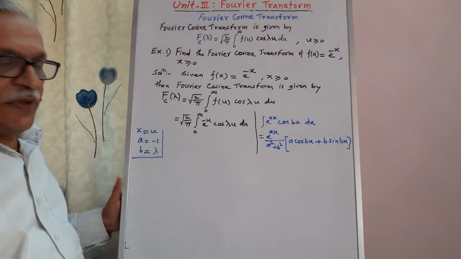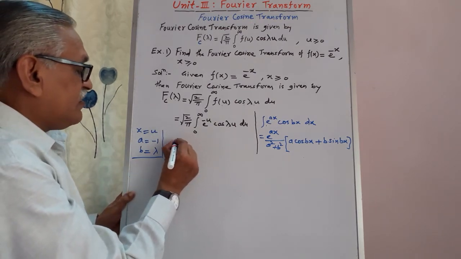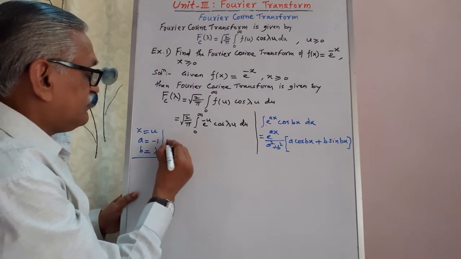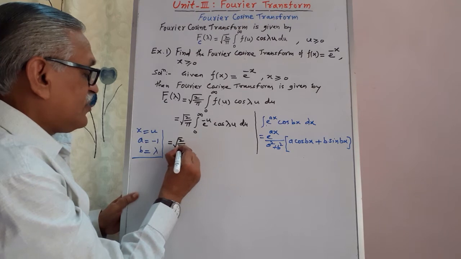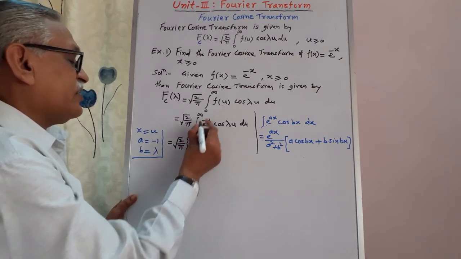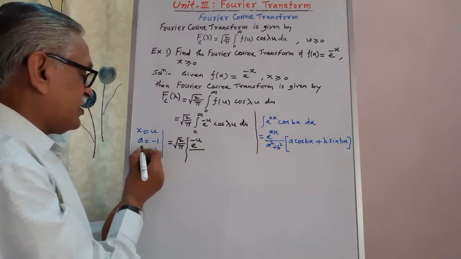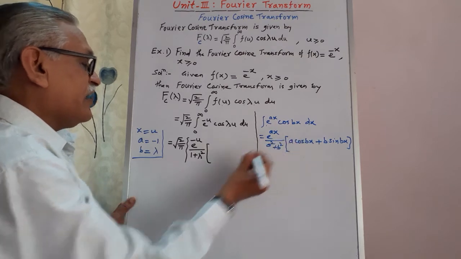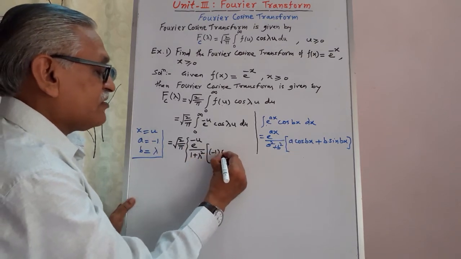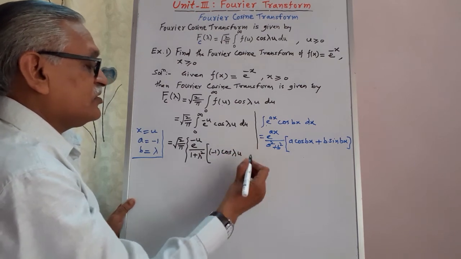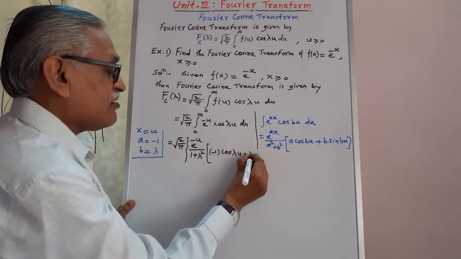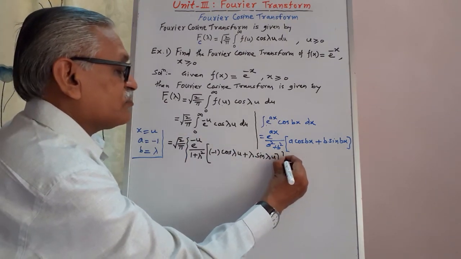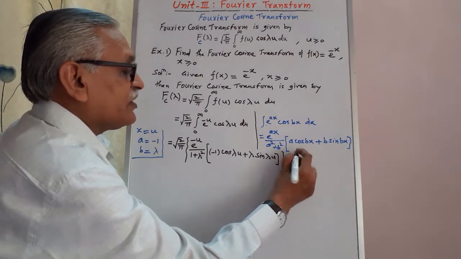These are the values of a and b, and therefore it is equal to root 2 by pi as it is, e raised to minus u, a square plus b square, minus 1 square is 1, plus b square lambda square, into a minus 1 cos of lambda u, then plus b lambda sin of lambda u, outer bracket closed, and limits from 0 to infinity.